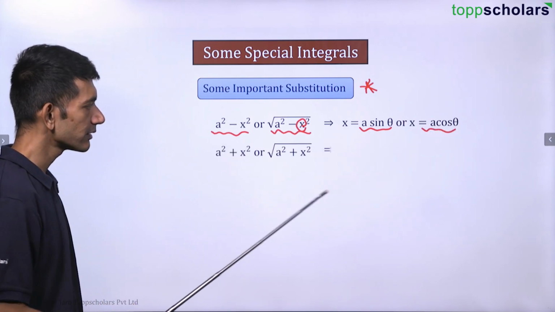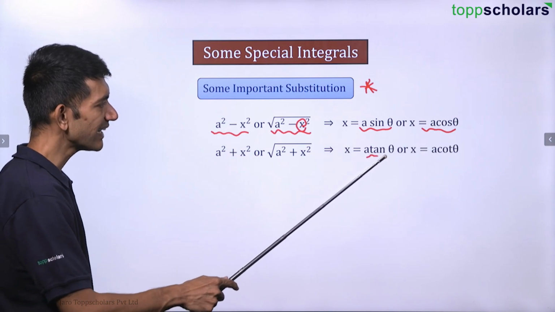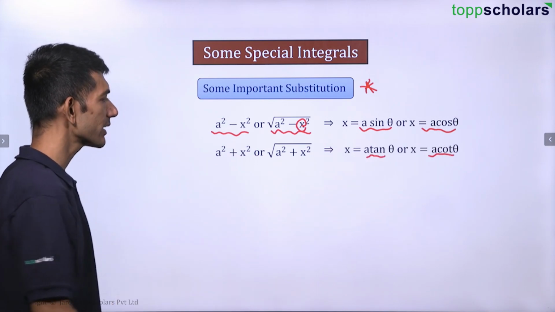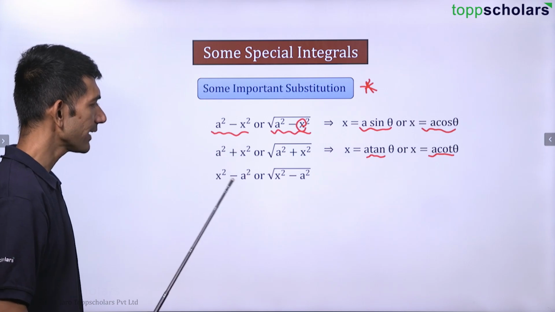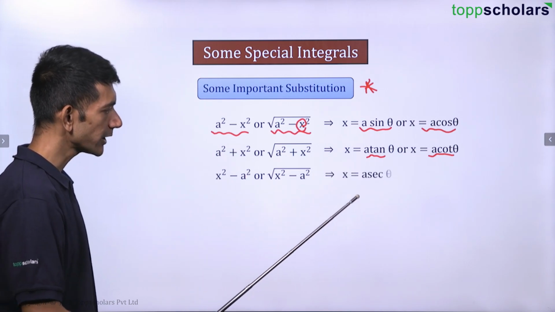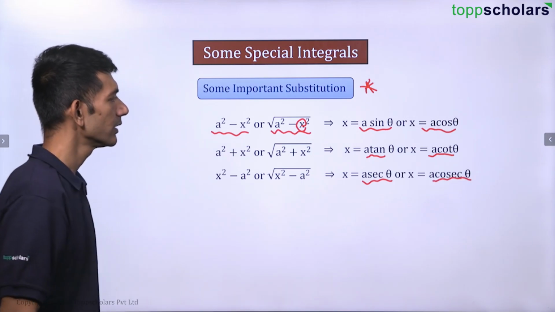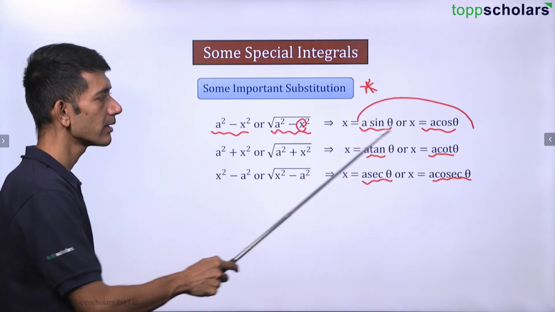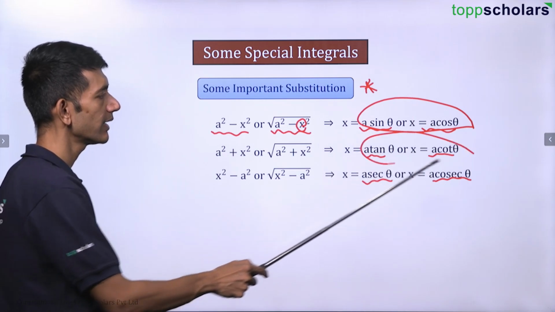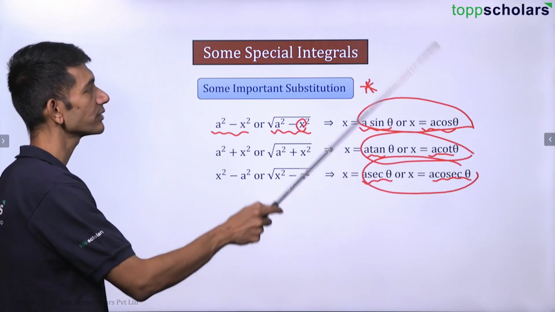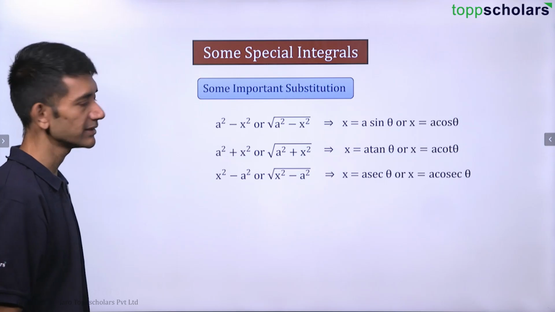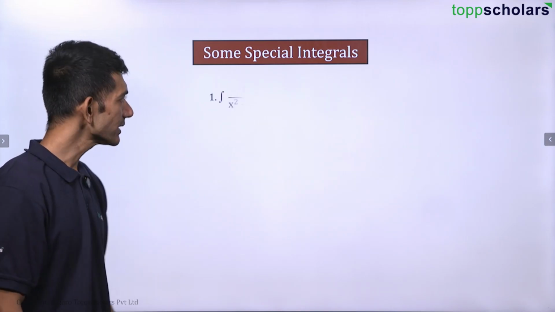Whenever we have plus, we substitute x as a tan theta or a cot theta. And whenever we have x square minus a square, we substitute x as a sec theta or a cosec theta. If you see, these are complementary: sin and cos, tan and cot, sec and cosec. They are complementary angles basically. So let us try to understand this in detail.